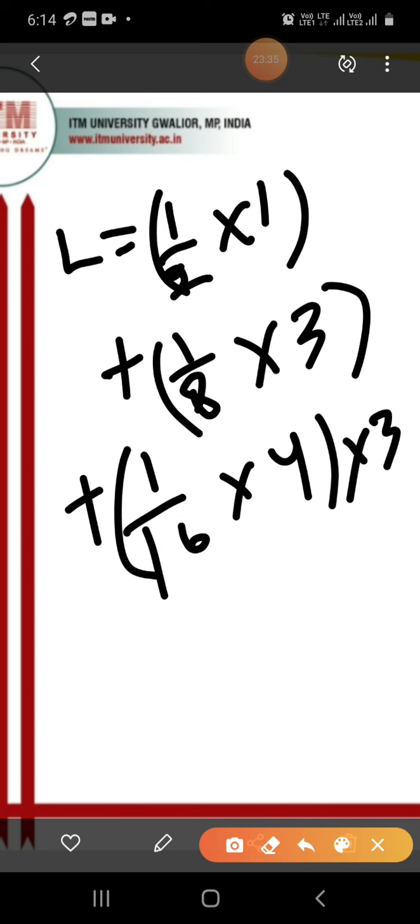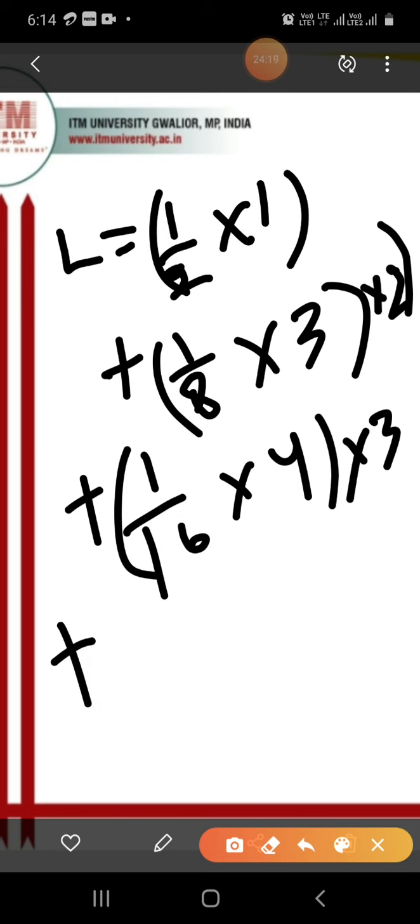Here I have to write 1 by 8 into 3 into 2, because it is for 2 messages. The probability 1 by 16 goes with 4 bits per code word, and this is for 3 messages, so I have multiplied by 3.